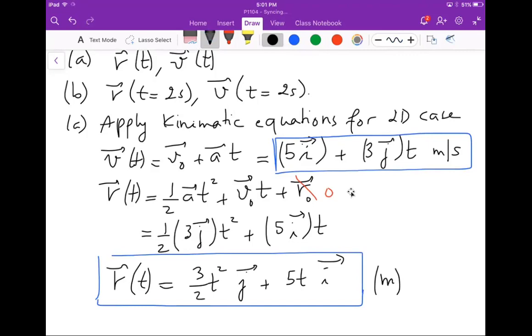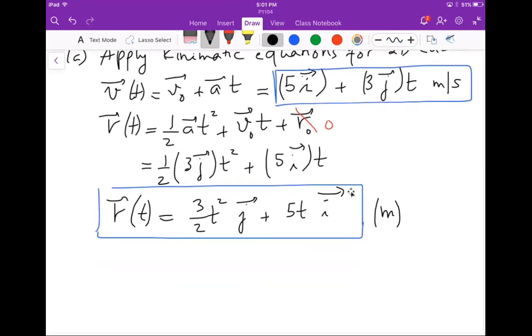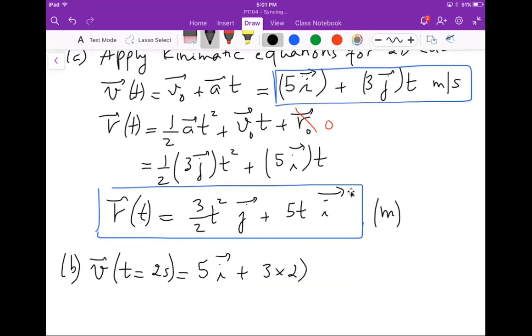Now the second question is, how much are the position and the velocity at a particular time, which is t equals 2 seconds. So now we know everything. All we need to do is replace each term by its value. So v at the time t equals 2 seconds is given by 5i, it does not change, plus 3 multiplied by 2 along the y-axis.